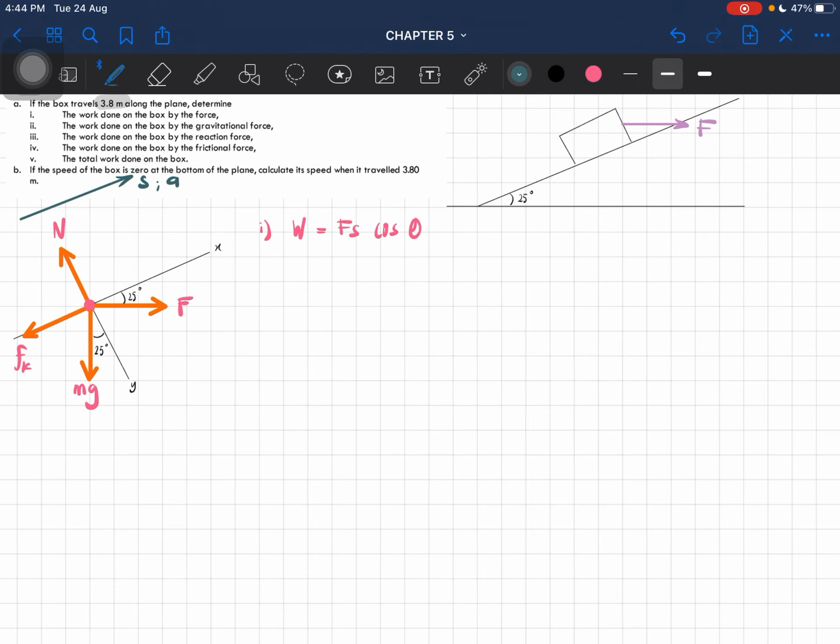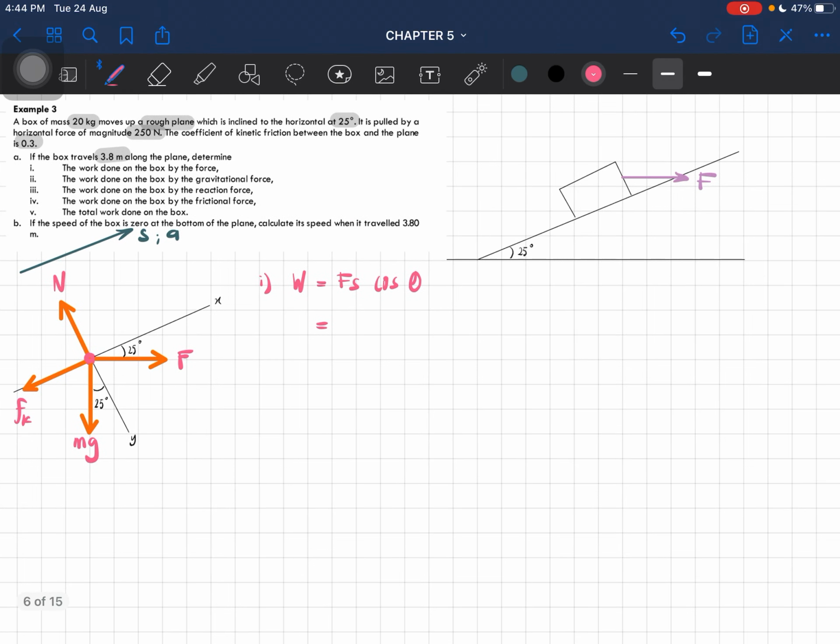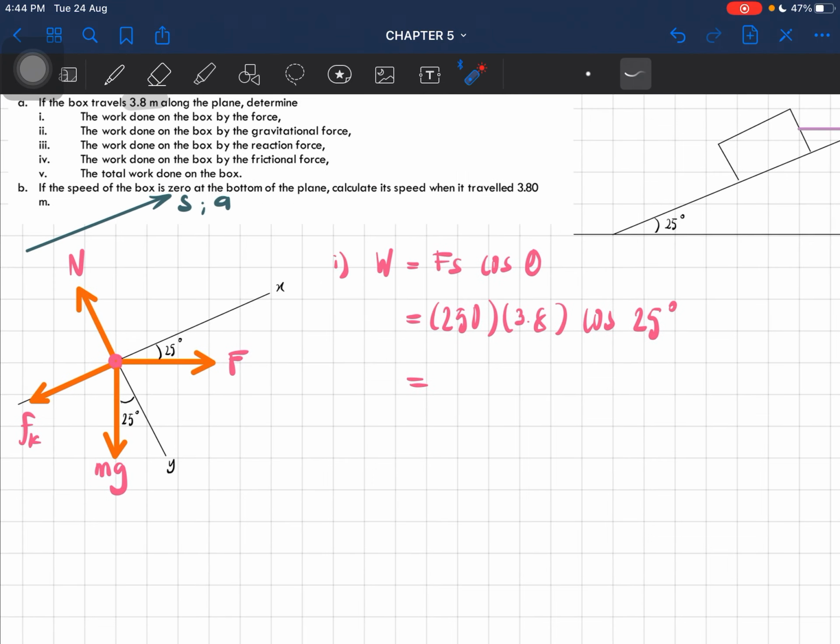Right. Now, what do we have? We have the force. What's the value of F just now? It's 250. The value of the displacement is equal to 3.8. It's given in the question. Cos, berapa degree the angle between the displacement? It is equal to 25 degree. Macam mana boleh dapat 25 degree?